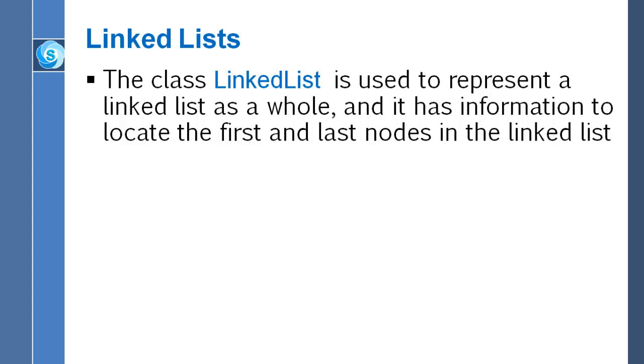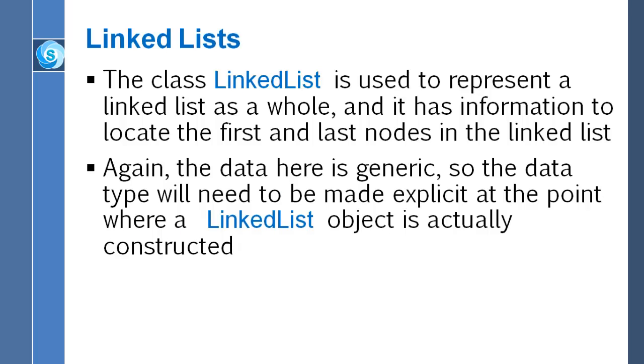And also, in constructing the linked list, it's going to be necessary to specify the type of data that is used inside each of the nodes. Remember a moment ago we were saying that the nodes were set up to be able to handle generic data. And here, to facilitate that, we also have to put that generic aspect to things inside the linked list.